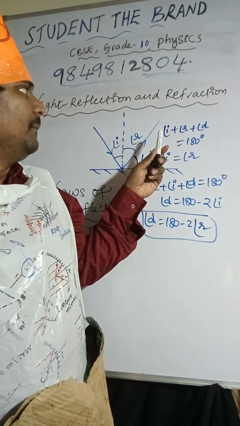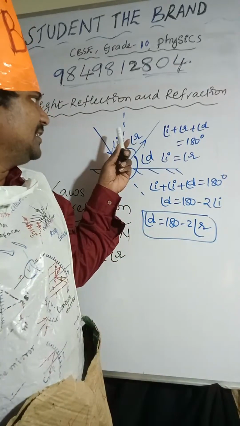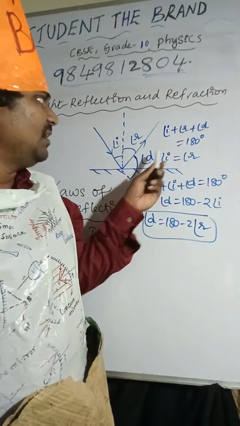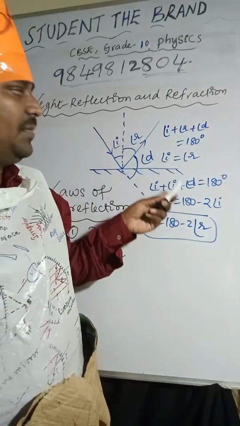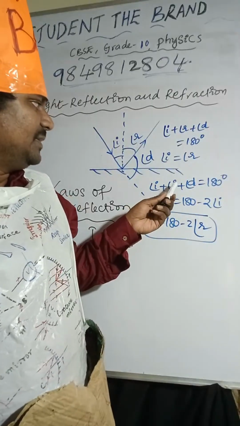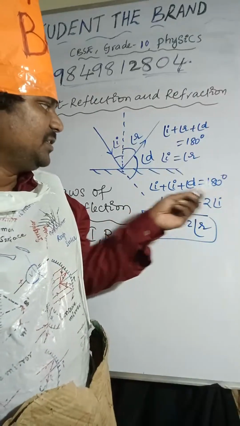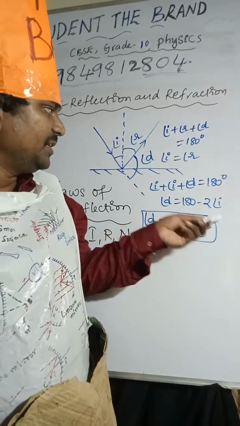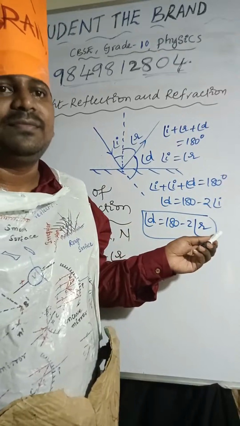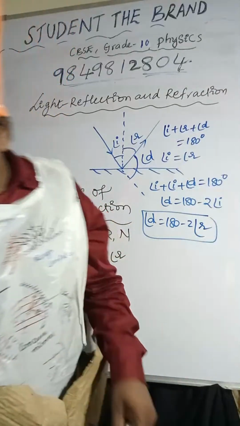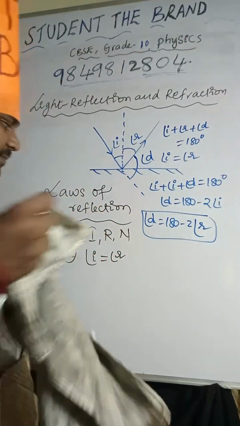And angle of incidence plus angle of reflection plus angle of deviation equal to 180 degrees, that is a linear angle on the same line. So angle of deviation equals 180 minus 2 times the angle of incidence, and also 180 minus 2 times the angle of reflection.